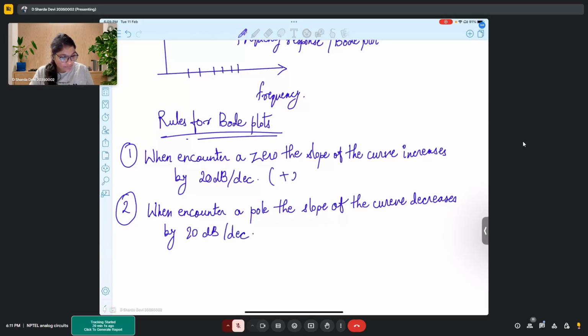So this means basically your slope changes by plus 20 dB per decade for a zero, and in here we have a slope change of minus 20 dB per decade.